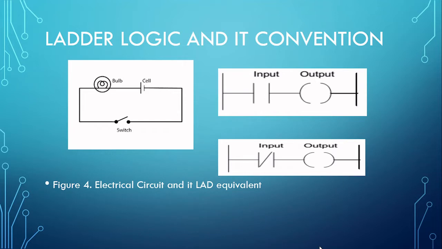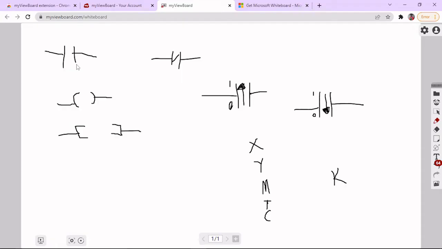So before we go on to looking at programming PLC using the FX training software, I just want to show some symbols. Like I already said, this symbol here shows your normally opened contact, where this one shows your normally closed contact.